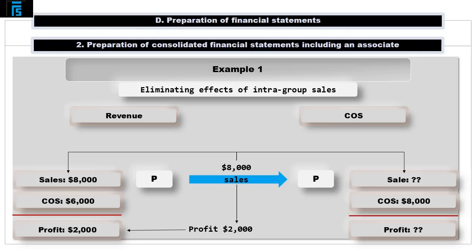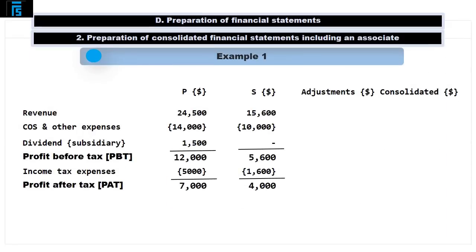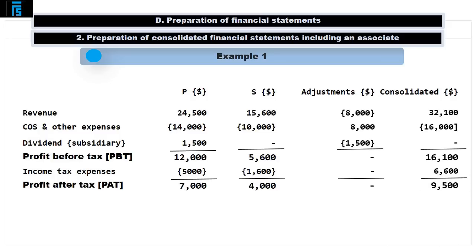We must therefore eliminate, by means of relevant adjustments, the €8,000 of revenue arising on the sale from P to S, and another €8,000 of cost of sales from the sale by S to customers outside of the group. This produces revenue of €24,500 plus €15,600 less €8,000 to give an adjusted total of €32,100.